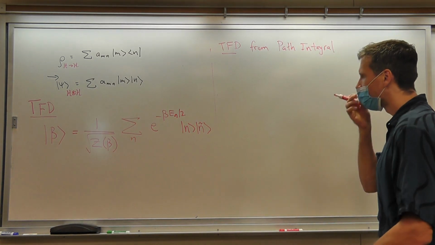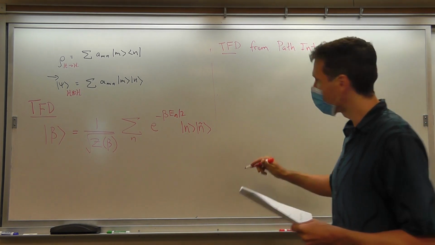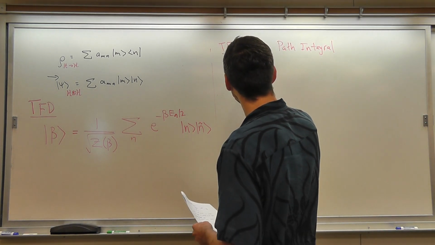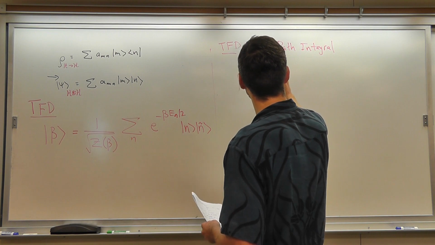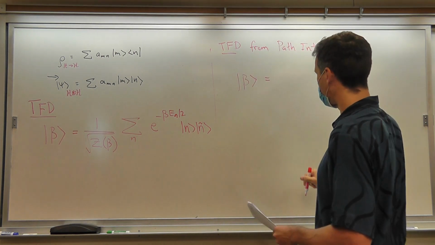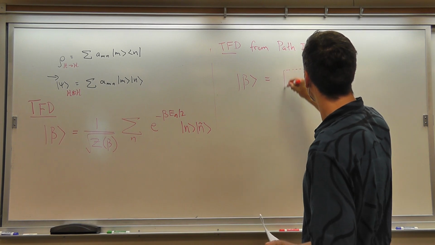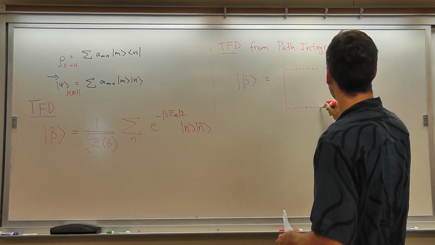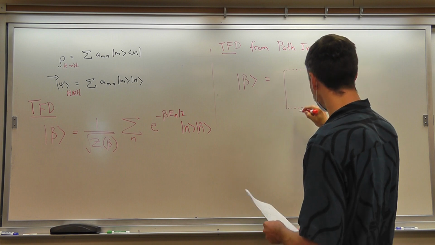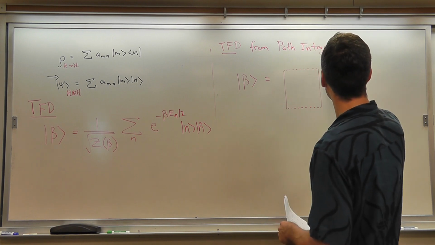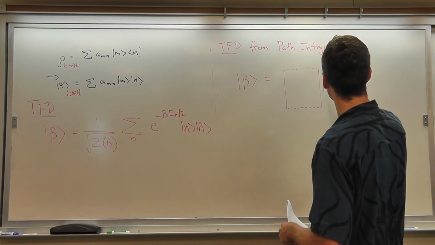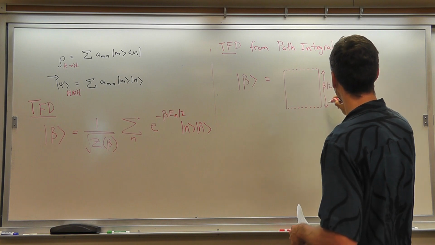So I claim that the thermofield double as a path integral is just a path integral on a strip of size beta over 2.